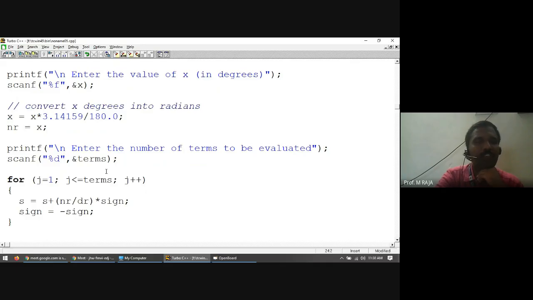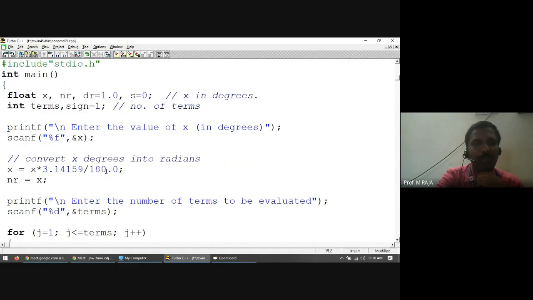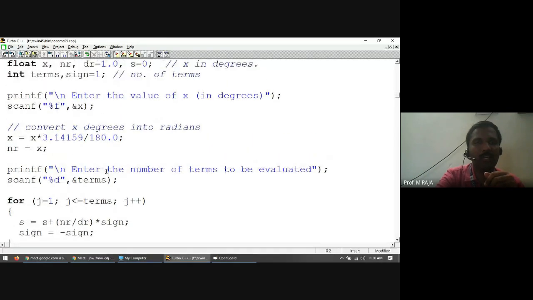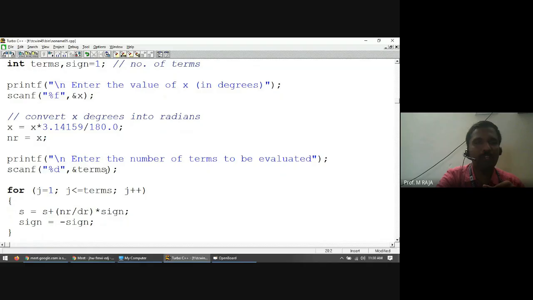So in this case, when j is equal to 1, what happens? S is equal to s plus, current s is 0, of course. S plus numerator is x, no problem, x by denominator. What is the denominator that we need to set? Initial value of denominator is 1.0. So numerator is x by denominator 1.0, sign is 1, s is 0.